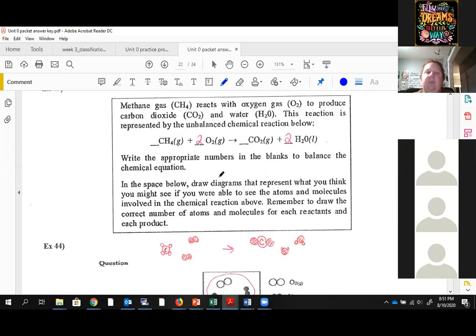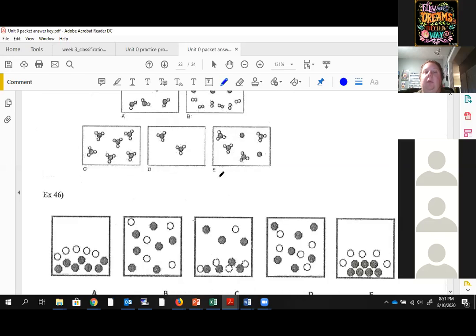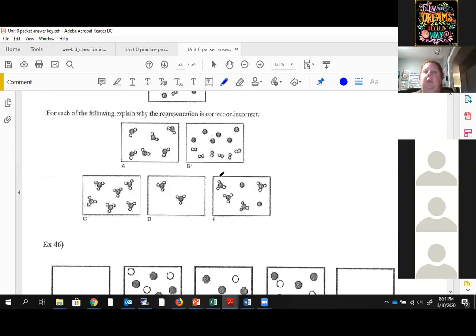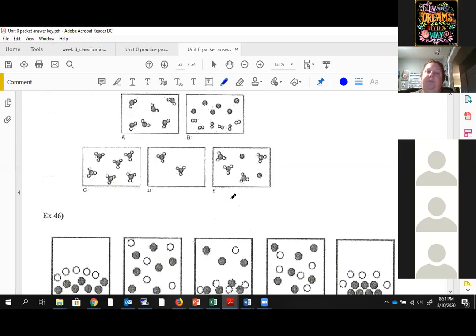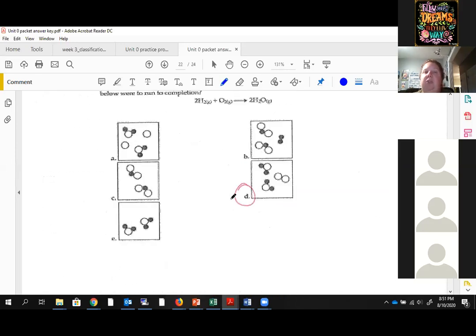We can show what compounds it's made out of. We can talk about whether there's limiting reactants or excess reactants left over. So we can basically see a picture of what's happening in a reaction or in a system.